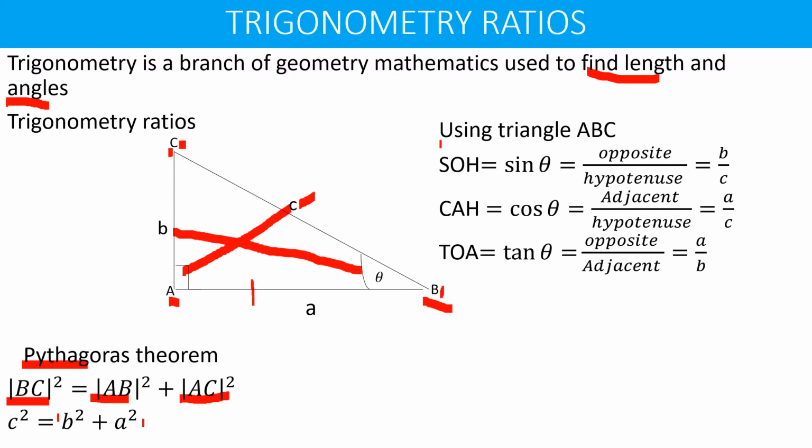Again, we can use trigonometric ratios using triangle ABC. We have sine theta, which is opposite over hypotenuse.